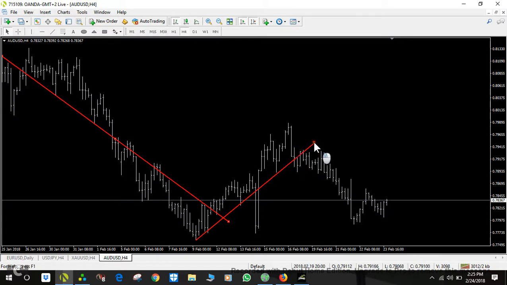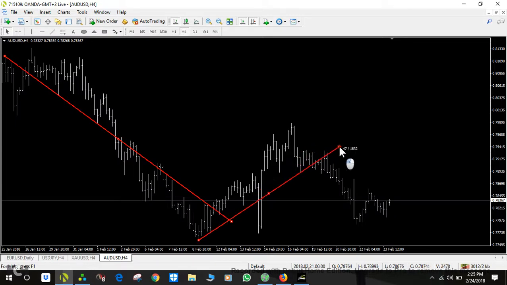Now you could say if you were super careful you would bring it to there, but in this case, like I said, we were on this candle, came through, and in actual fact we've got a clear candle here and price didn't go back up, so we could take this trade here to go short again.